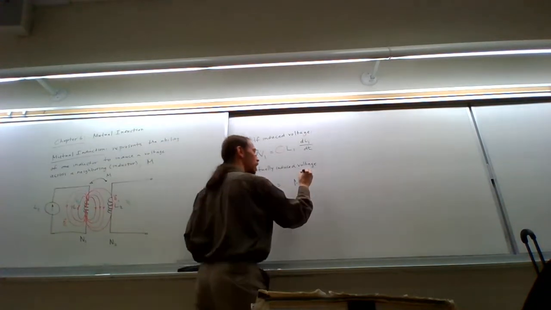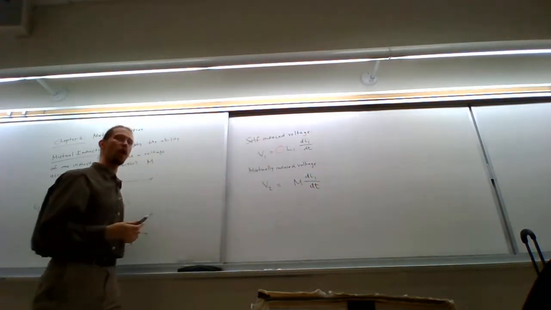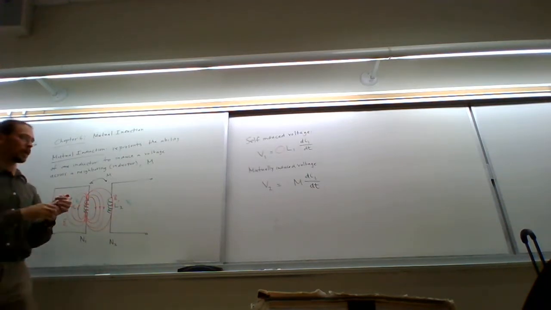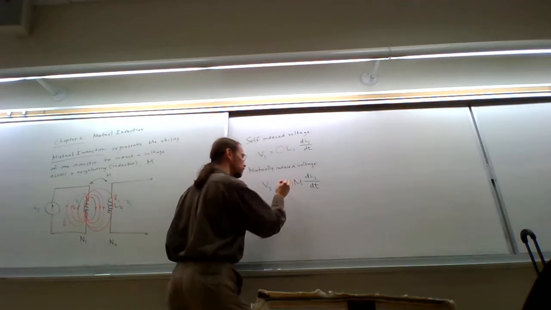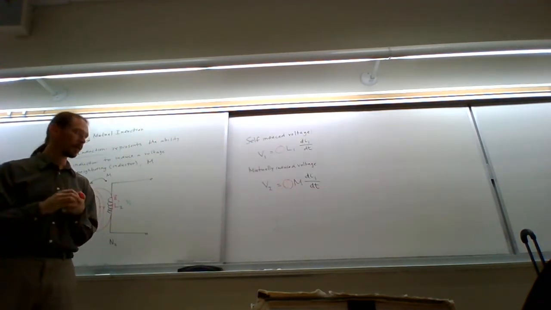So it is also a product of the time rate of change of the current I1, not that's flowing through this inductor, but it is flowing through the original inductor. I'm also going to place a red circle there for reasons that I'm going to explain in a second.